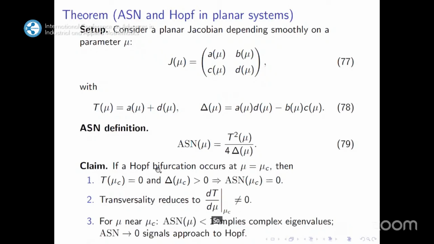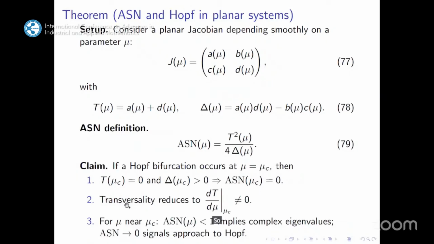So now what we claim here is that if the Hopf bifurcation occurs at mu c, then our trace will be equal to 0, the first case, or the determinant will be equal to 0. This will imply that the Atangana strength number will be 0.